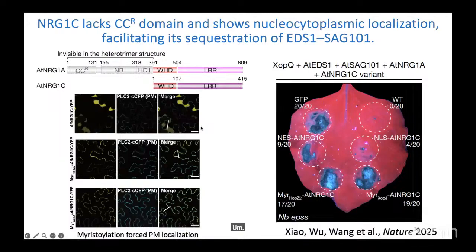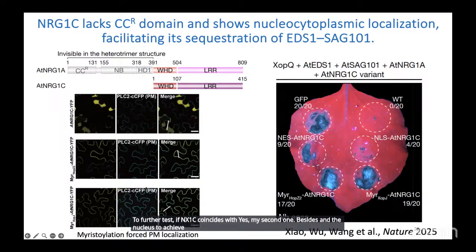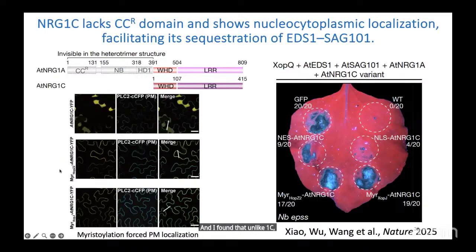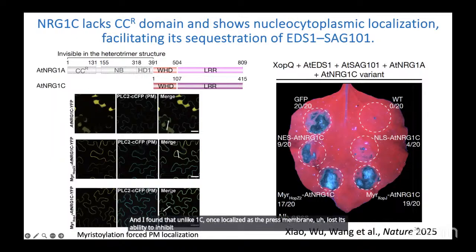To further test if NRG1C coincides with EDS1 in the cytoplasm and the nucleus to achieve more efficient sequestration of EDS1, we added a myristoylation site to the N-terminus of NRG1C to force its localization to the plasma membrane, and found that NRG1C, once localized to the plasma membrane, lost its ability to inhibit NRG1A-triggered cell death.